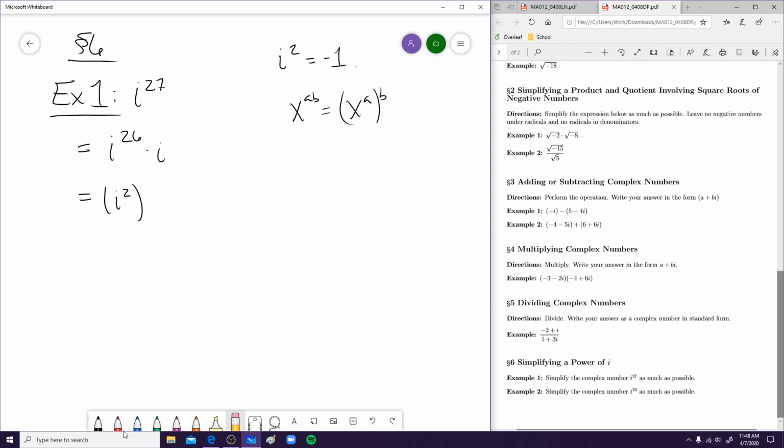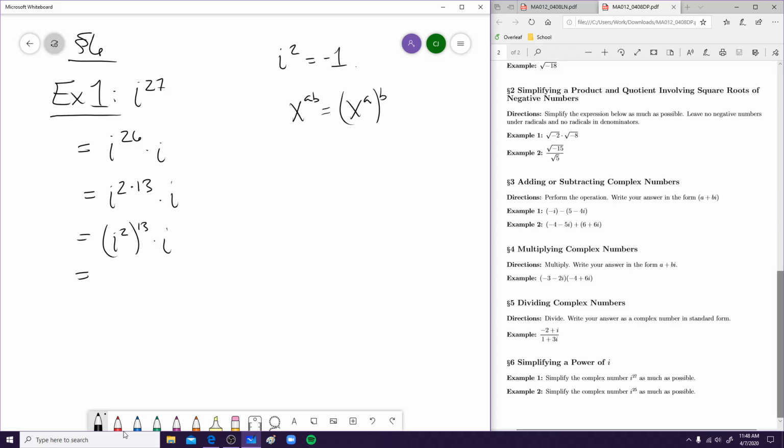So let me take a step back. We want our A to be 2, and we want to find our B. So 2 times what is equal to 26? That is 13. 2 times 13 is 26. And then bring down our i. So now we can write this as i squared to the 13th times i.